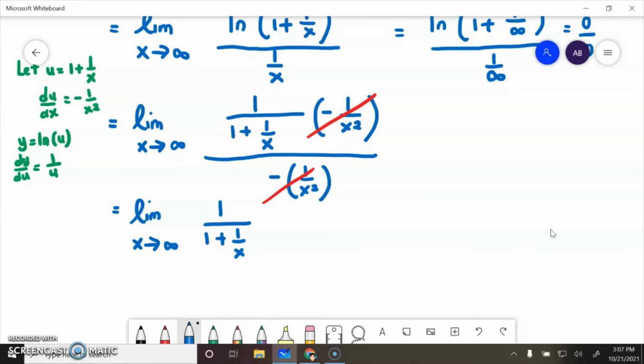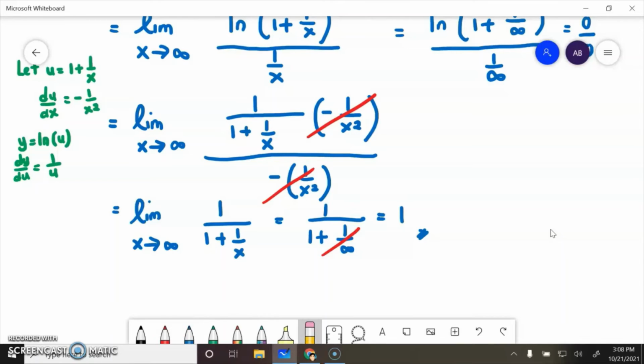Now you apply the limit when x approaches infinity. This term approaches 0, and that leads me to the solution, which is 1. This is another example of the indeterminate form, right? But this is not quite the solution.